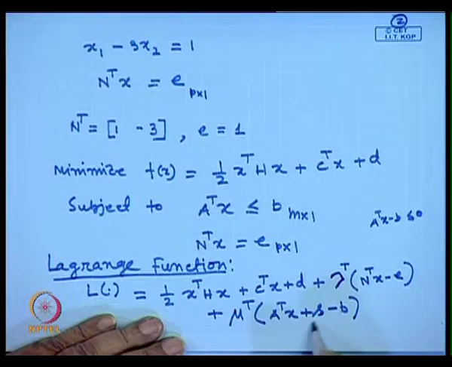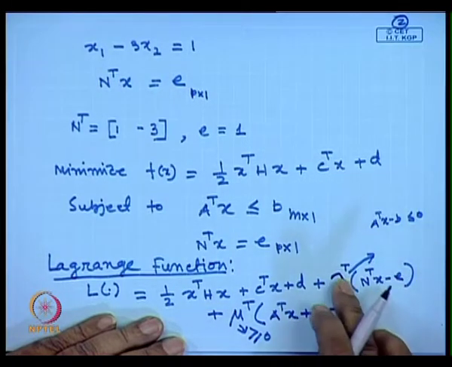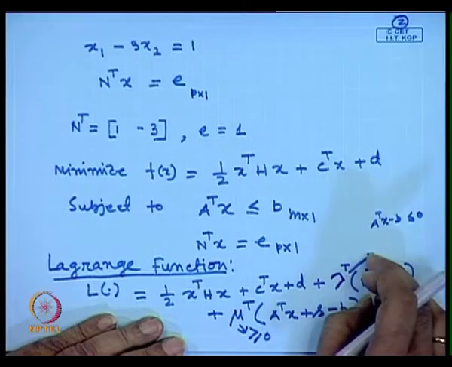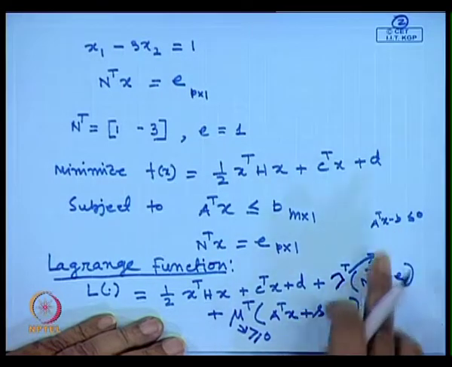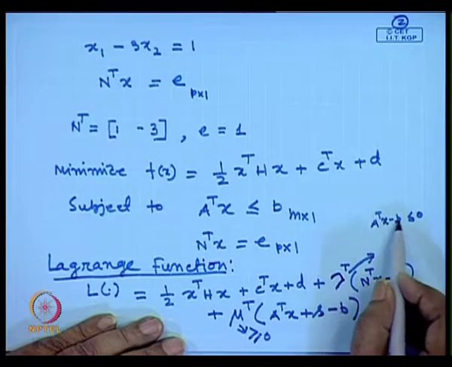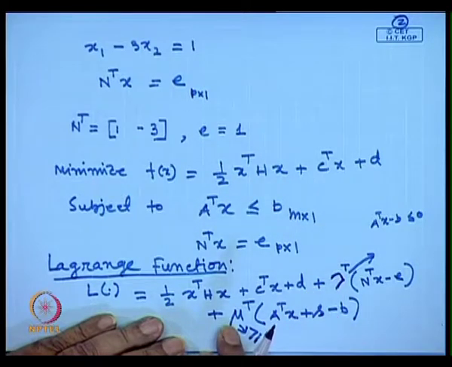In our case, slack variables are there, and this value is greater than or equal to 0. But the Lagrange multiplier associated with the equality constraints is unsigned; this value may be positive or negative. For all inequalities of the type A transpose x minus b less than or equal to 0, we have proved that mu should be greater than or equal to 0.